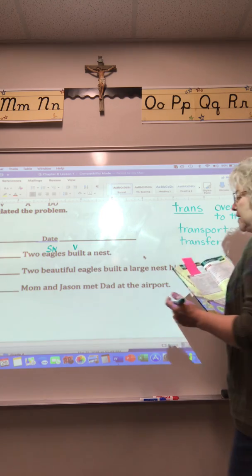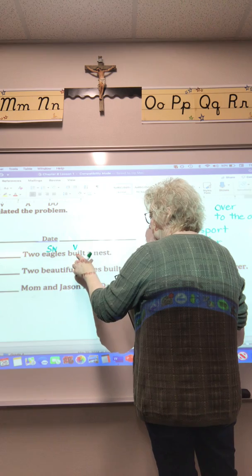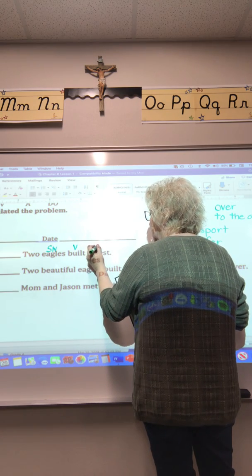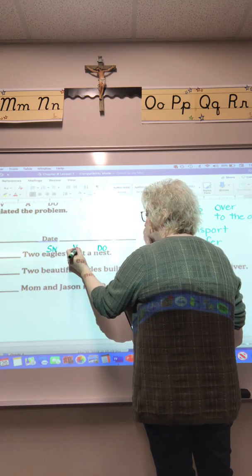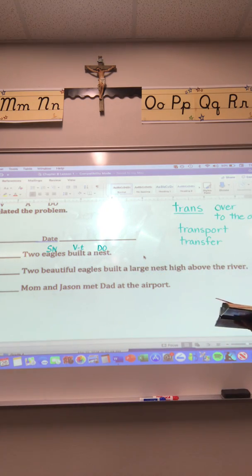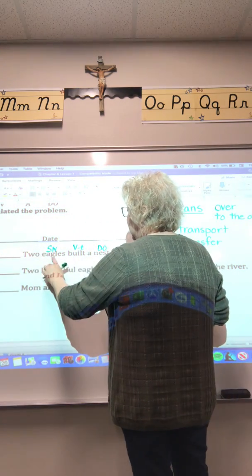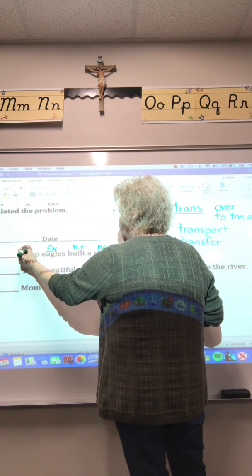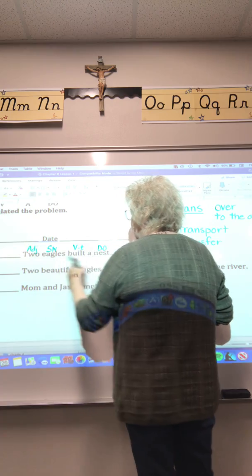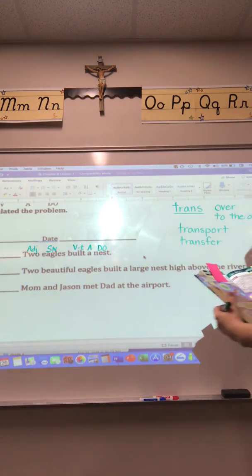They built a nest. So we're going to transfer the action, the building, to the nest. We're going to call that our direct object, and we have to come back and make this into verb transitive. And you already know that we ask how many eagles? Two. So this is an adjective. And a and the, there's our article adjective.